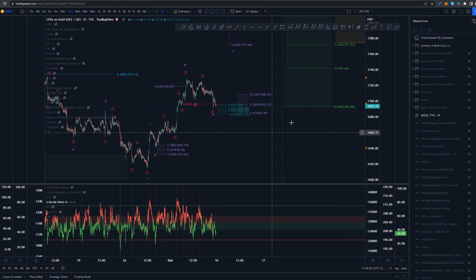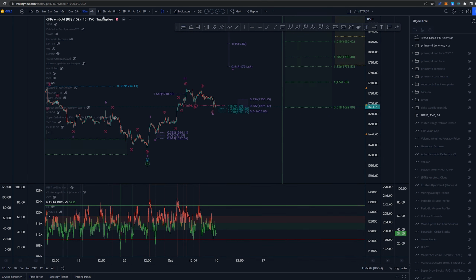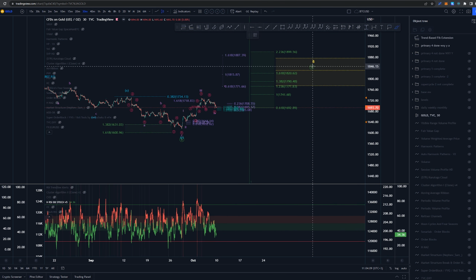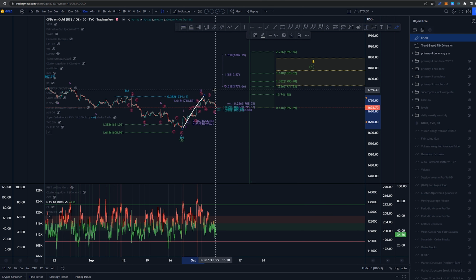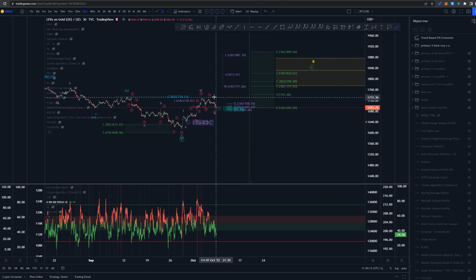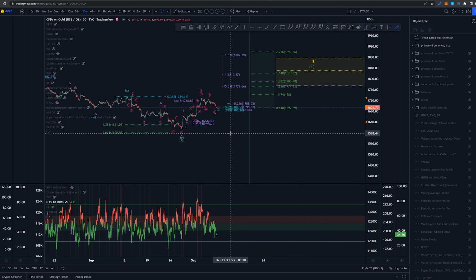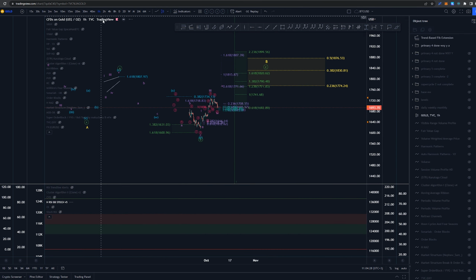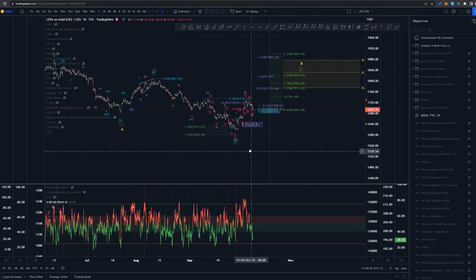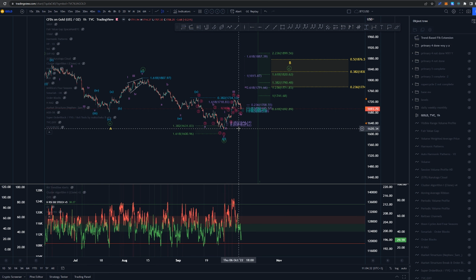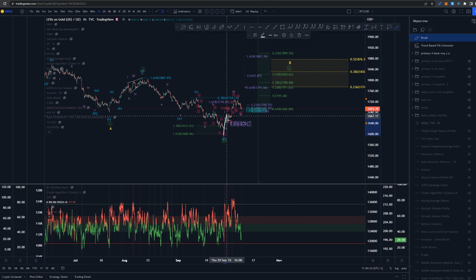Now, let's discuss what this fifth is about. If we zoom in, again, this was about that C wave. This is not the start of something new for me. I'm actually looking for short setups if we take out these highs. I'm not in a short at the moment, but if we come down now, this turns into an ABC again, and this whole structure, and most likely the higher time frame structure as well, needs to be relabeled, because again, the C wave can't be a three-way structure.